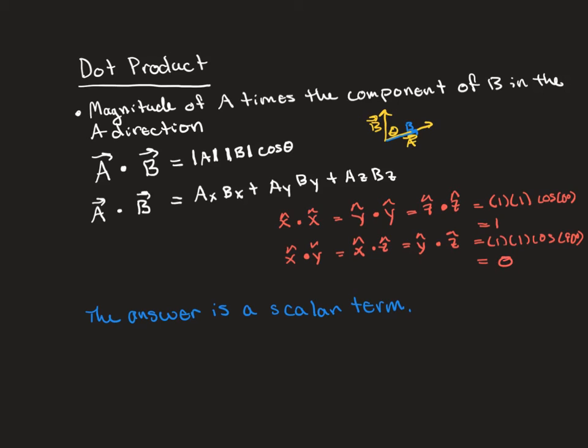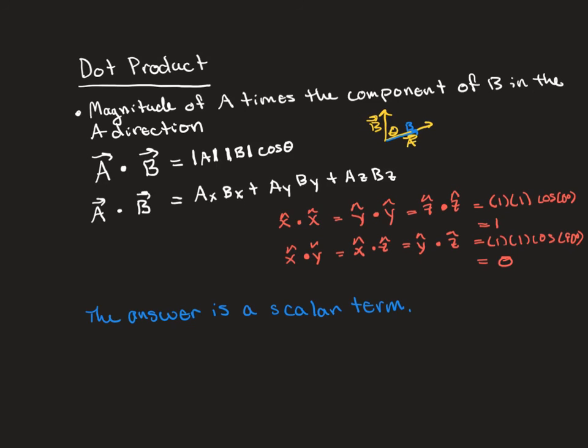So you'd be taking a of x times b of y, but then you're multiplying by 0 because when you dot the unit vectors, you end up with 0. So that's why you don't have to worry about anything that isn't in the same direction. You don't have to worry about multiplying a of x times b of y because the result would be 0, due to when you dot the unit vectors together, it gives you 0.